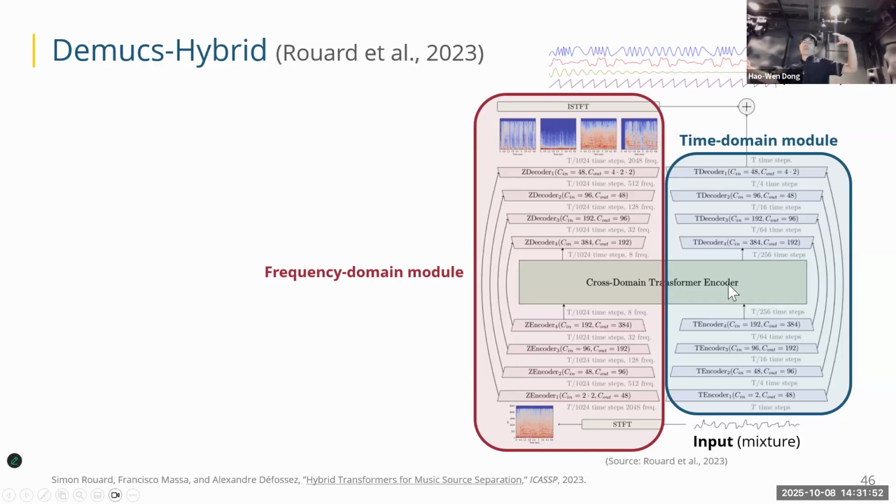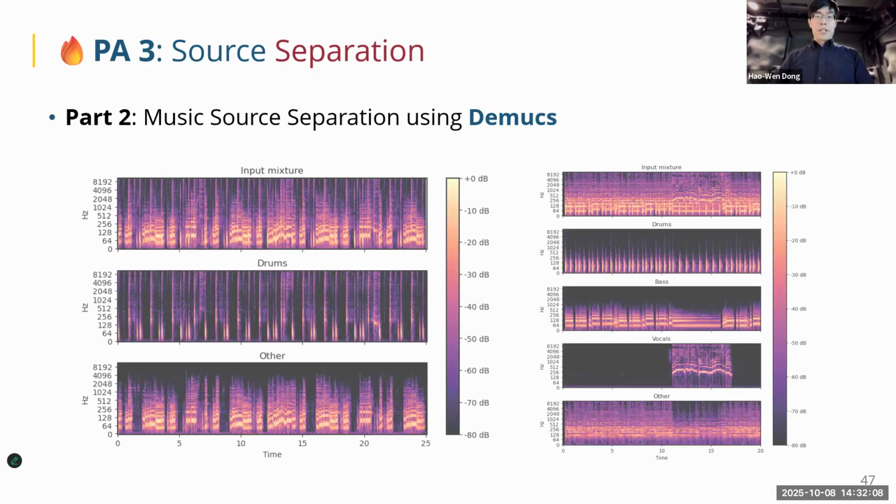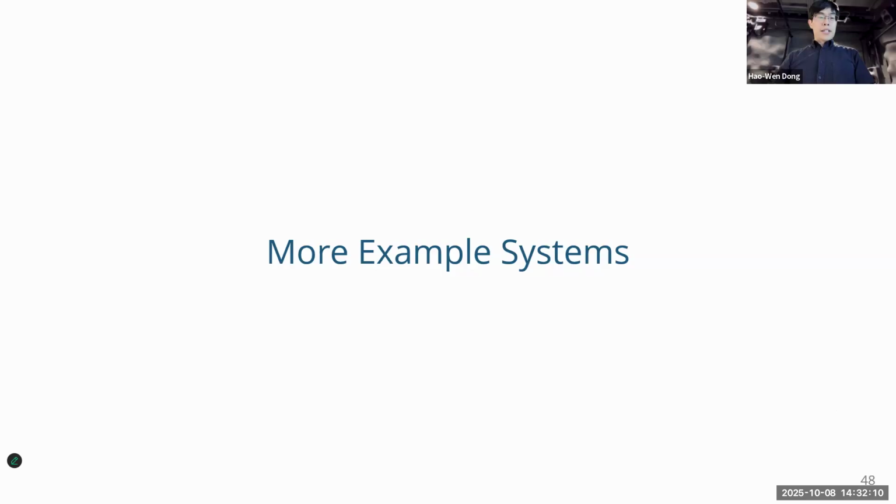Basically, the transformer encoder is just like a bi-LSTM, contextualized, trying to aggregate information around these two streams. Anyway, you get the best of two worlds. So in PA3, we'll explore these.